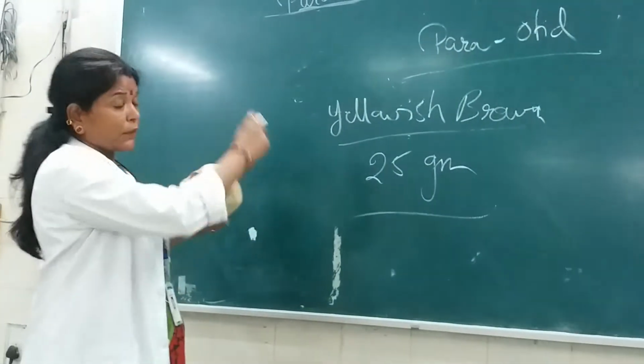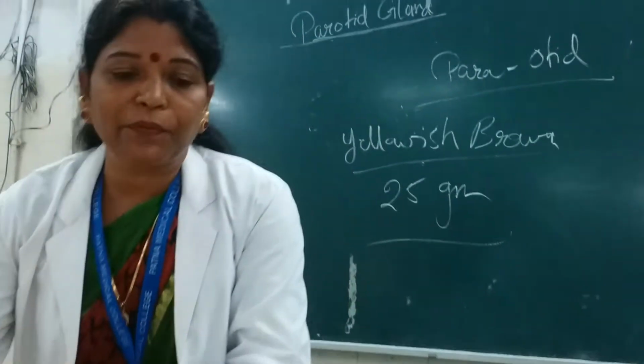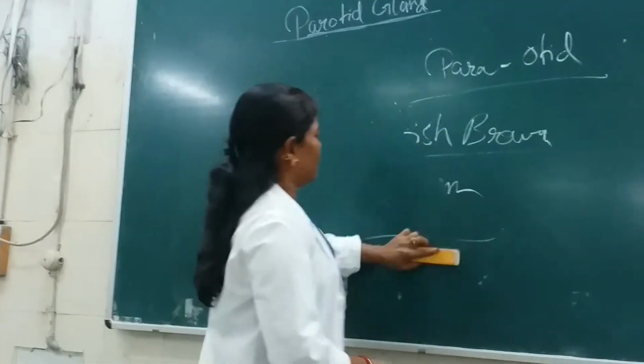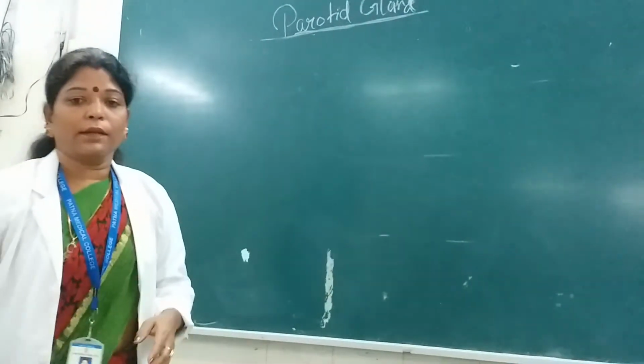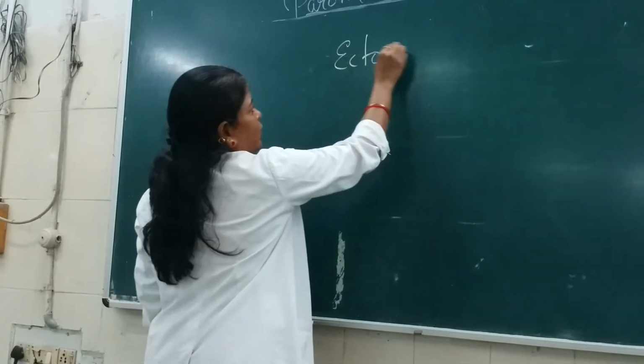What is the difference between all the 3 major salivary glands developmentally? Anyone? What is the difference between the other pairs of salivary glands and this parotid gland? The parotid gland developmentally is ectodermal in origin.